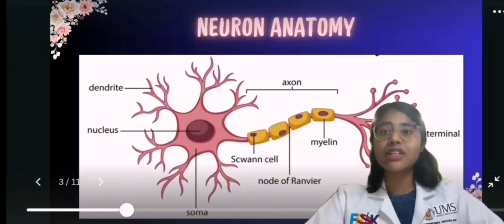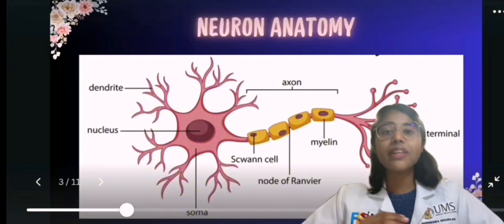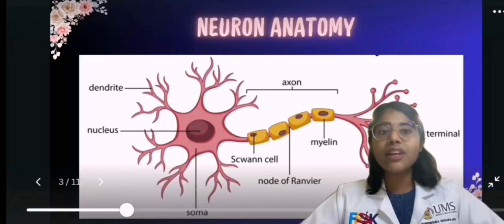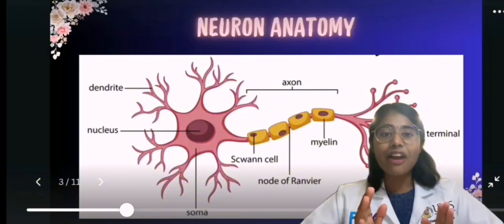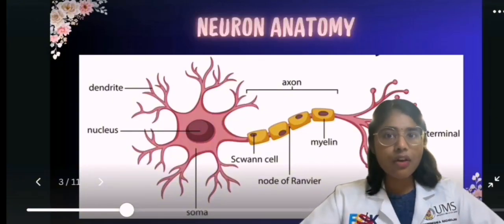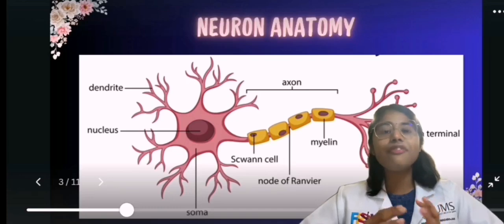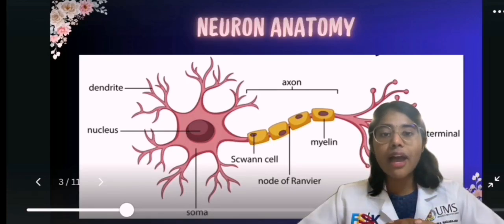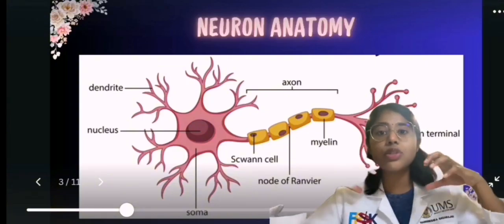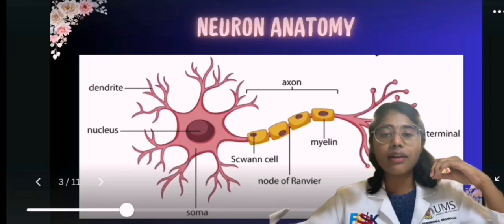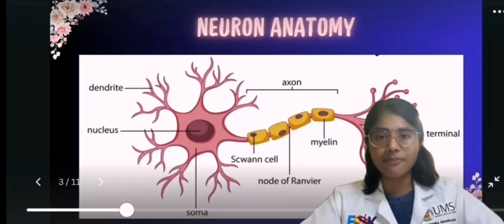Next we have axon, a long thin structure that carries electrical signals away from the cell body. Covering the axon, we have the myelin sheath, which is formed by Schwann cells for insulation and faster signal transmission. And talking about fast, we also have nodes of Ranvier, which is in between two Schwann cells, which helps in saltatory conduction.